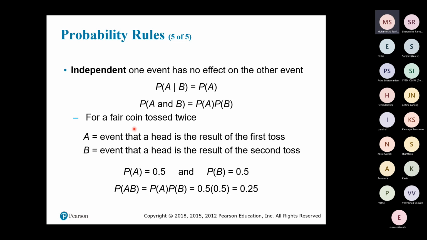So 1/2 is 50%. 50% multiplied by 50% gives you 25%. So there is only a 25% chance you will get two heads out of two coin tosses. That is the probability of getting two heads out of two tosses.